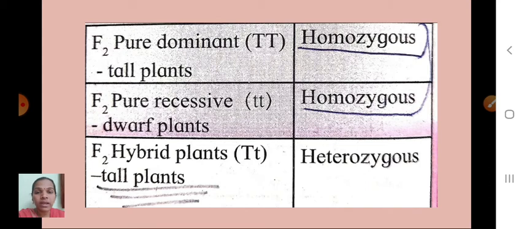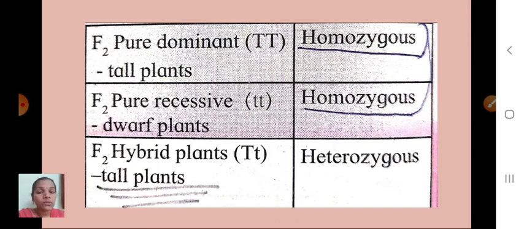Fusion of gametes gives the first generation, tall, and the genotype is capital T, small t. Next is the self cross of the first generation, through which Mendel got the second filial generation.